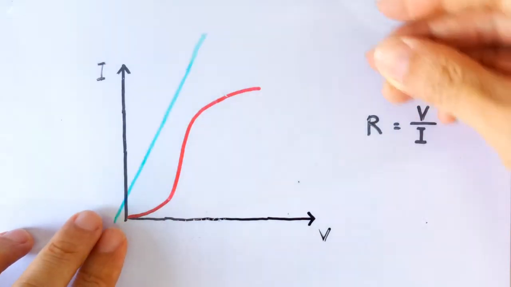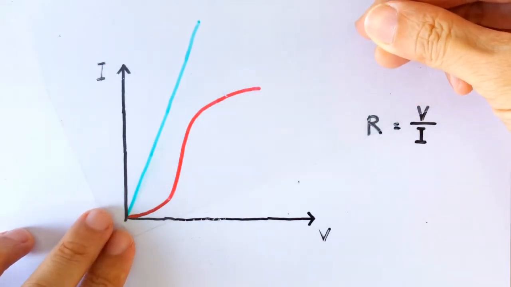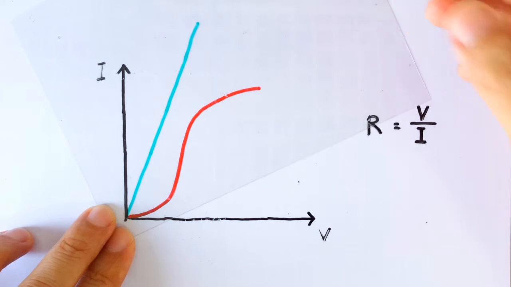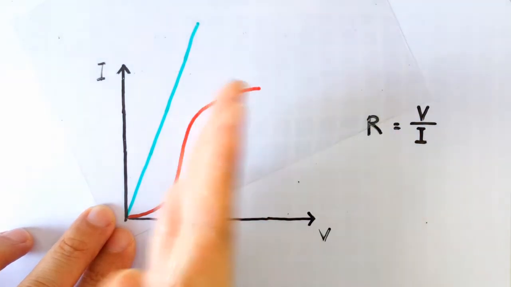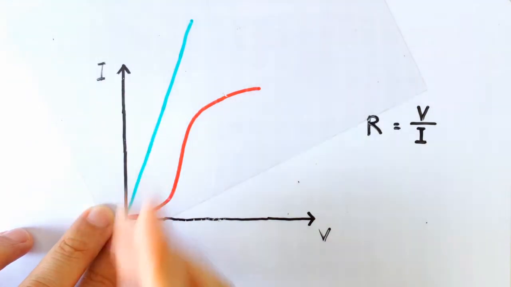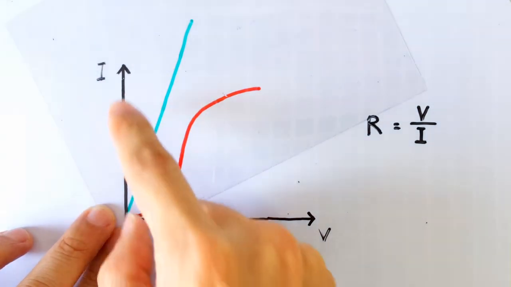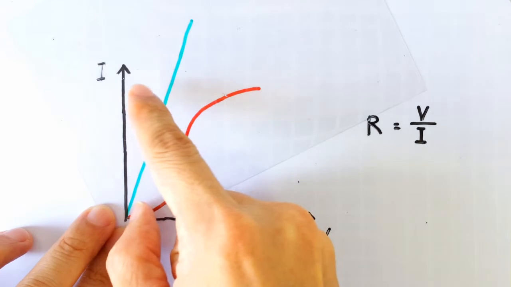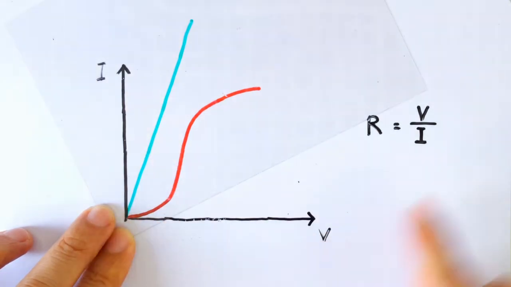A small resistance will have its IV characteristic curve lean more towards the current axis, because when you lean more towards the current axis, what you have is large I and small V, which corresponds to a small resistance.